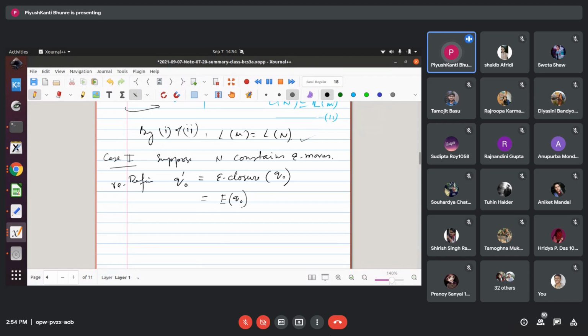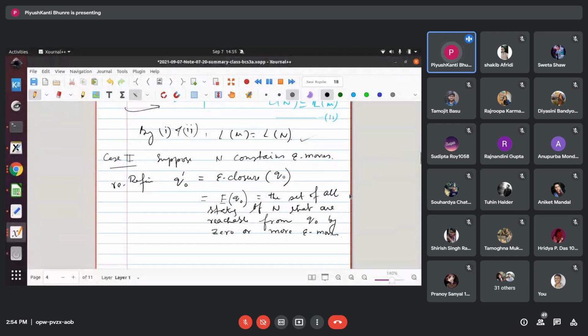So if we take that one, its meaning is the set of all states of N that are reachable from q0 by 0 or more epsilon moves.